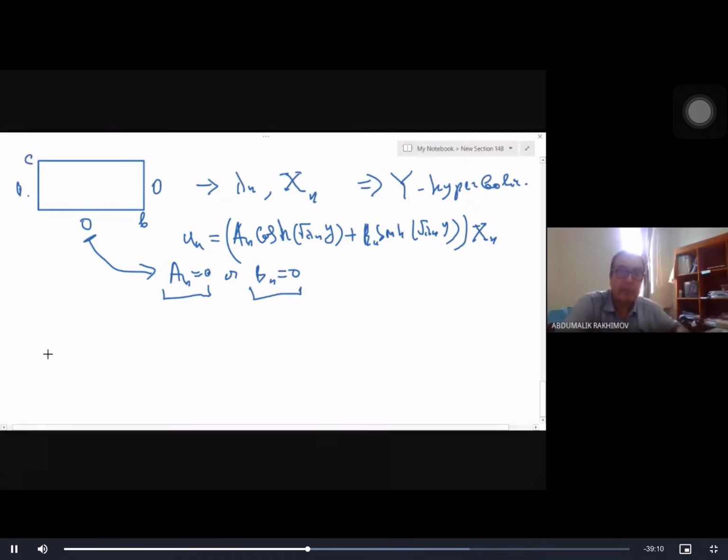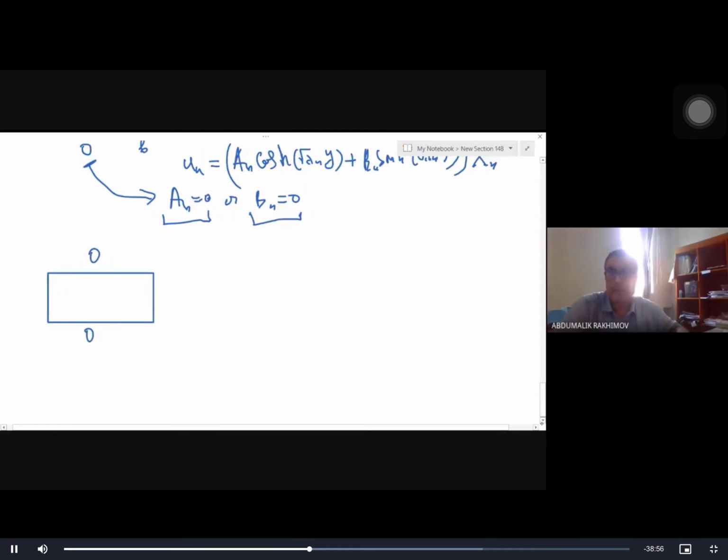Now, if you have this thing, let's say you have 0, 0, whatever, derivative or no derivative. What will happen? Then you will find lambda n and you will find yn, where yn will be either sine or cosine, usual sine and cosine.